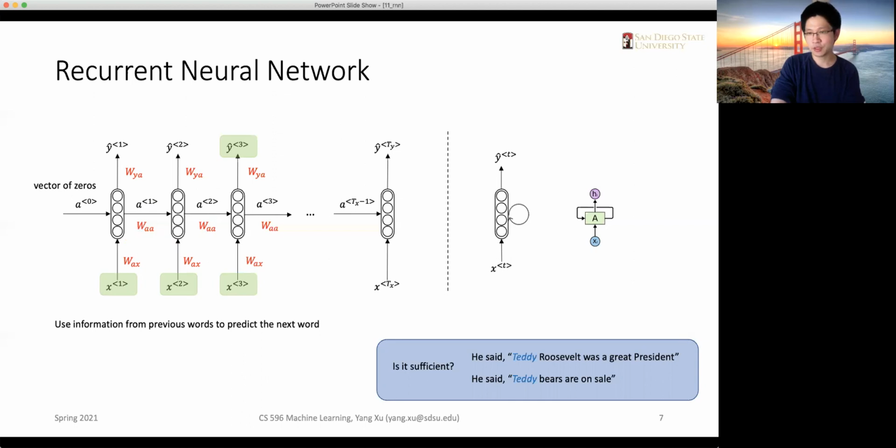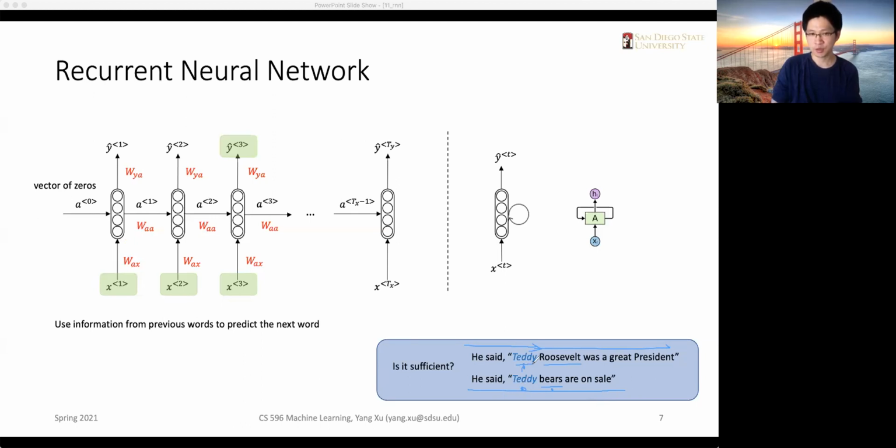If we are reading the sentences sequentially, from left to right, how do we know that the word teddy refers to a president's name or just to teddy bears? Without reading the words after the word teddy, we will never know whether this teddy refers to a person's name or a toy's name.